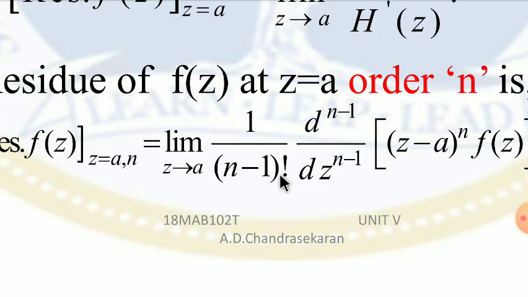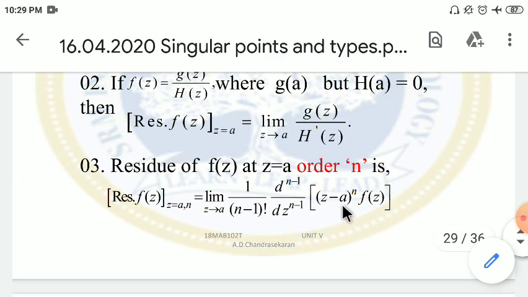You see, the order is n, so differentiate n minus 1 times the value (z minus a) to the power n into f of z, that is, differentiate this with respect to z n minus 1 times. After that, apply the limit as z tends to a. So this is the general formula.